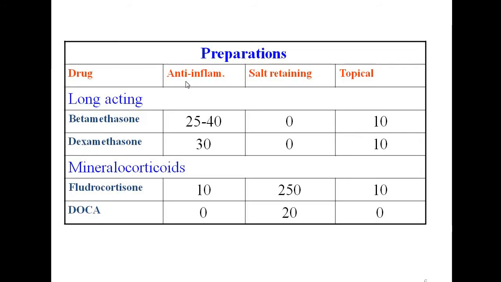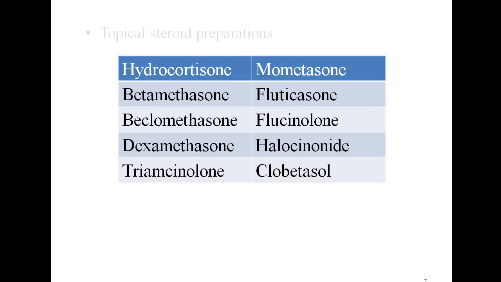Betamethasone is a very potent long-acting corticosteroid. This table was just to give you an idea about the anti-inflammatory and salt retaining properties of the different corticosteroids. Topical corticosteroid preparations we have already mentioned: hydrocortisone, betamethasone, beclomethasone, dexamethasone, clobetasol, etc.